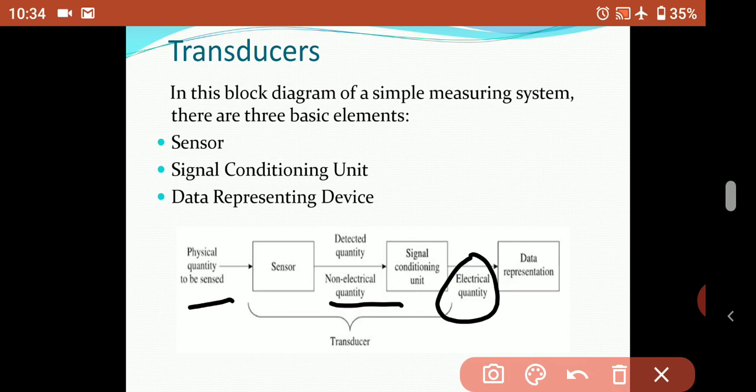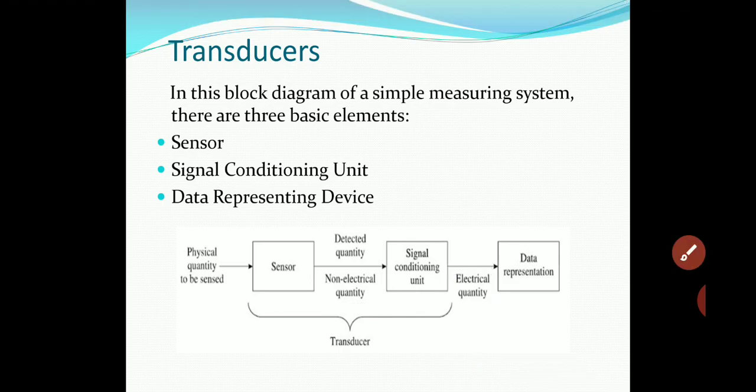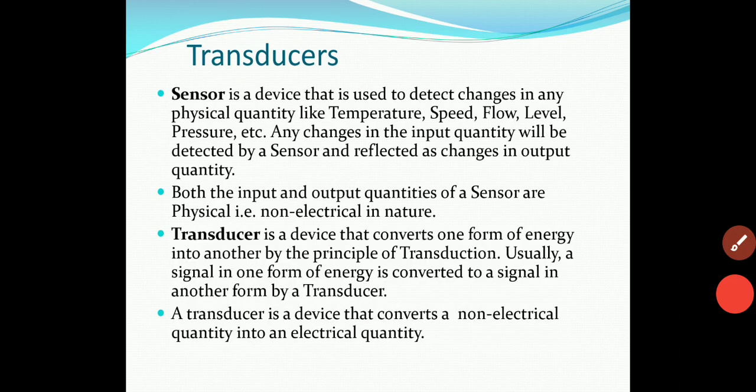In terms of electrical and electronics instrumentation, we can say this definition. We can define this type of transducer. So transducer is a device broadly that converts one form of energy into another by the principle of transduction.